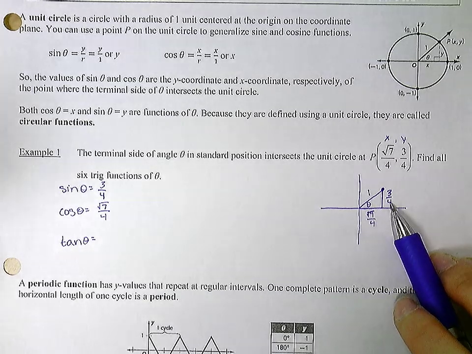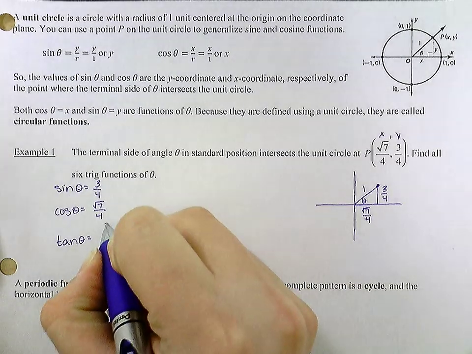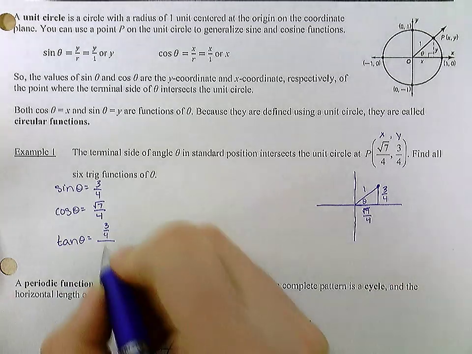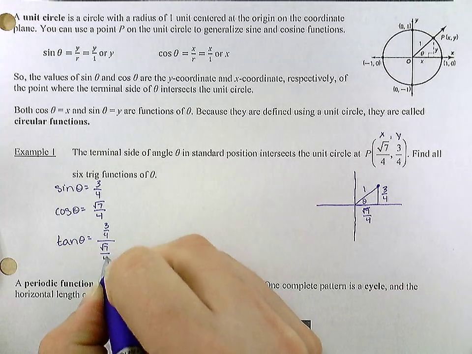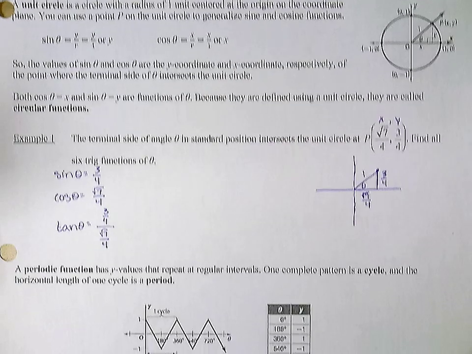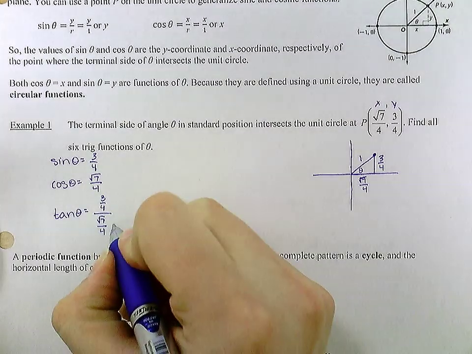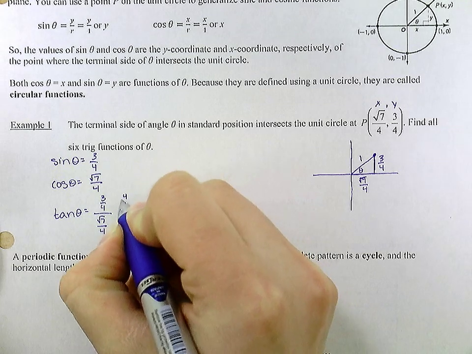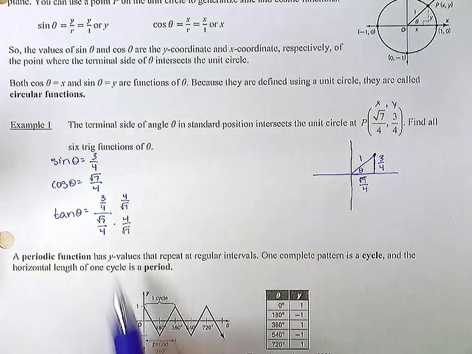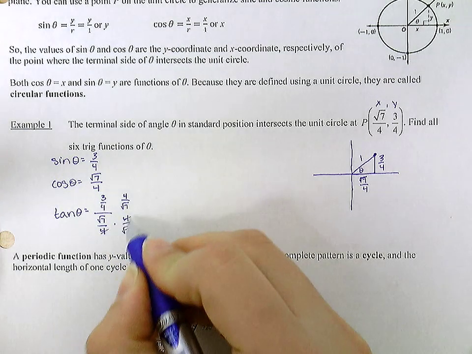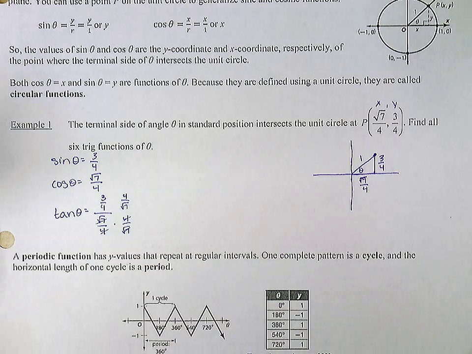So my opposite side is 3/4 over my adjacent side, square root of 7 over 4. I'm going to multiply the numerator and denominator by that denominator's reciprocal. That way it cancels out that denominator.